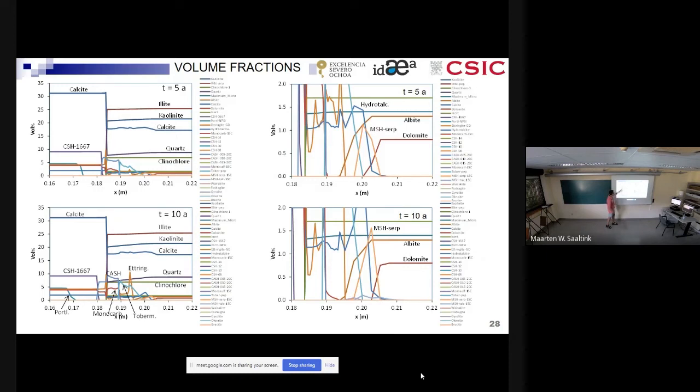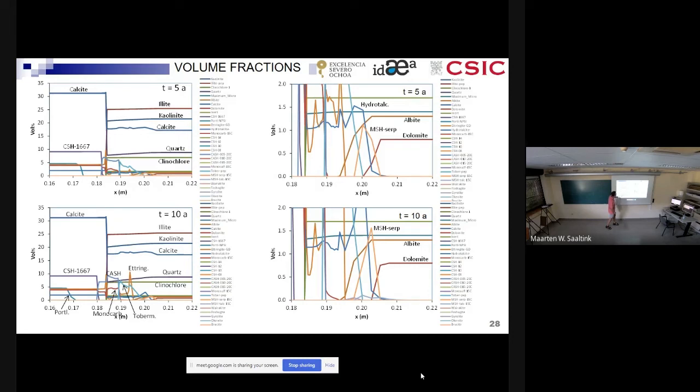So we have dissolved portlandite in about 1 centimeter from the interface after 5 years. A little bit of dissolution of CSH and precipitation of this other dark blue phase, which is CASH, the calcium aluminum silicate hydrate, which precipitates not only in the concrete but also on the rock side.